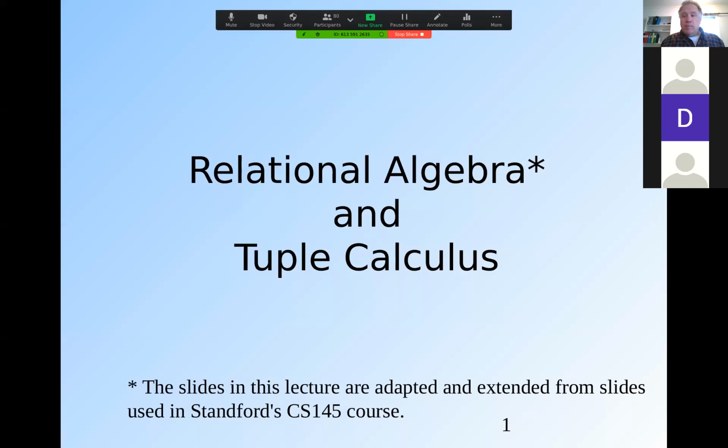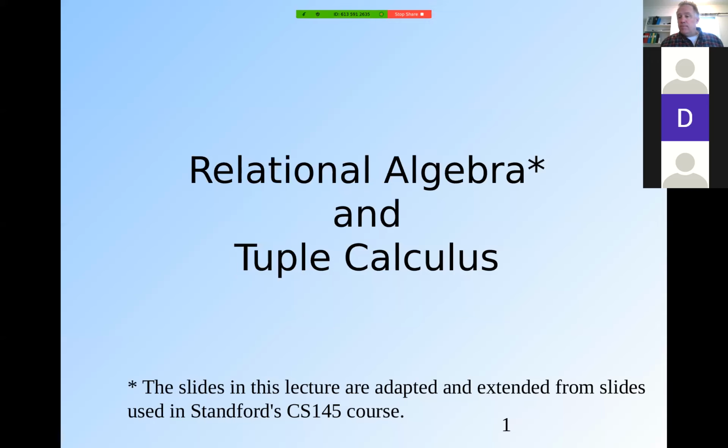So today, and I'm assuming people can see the screen share. Okay, so today we're going to start very much at the beginning. Relational databases are based on a formalism which has two components: the relational algebra and the tuple calculus.